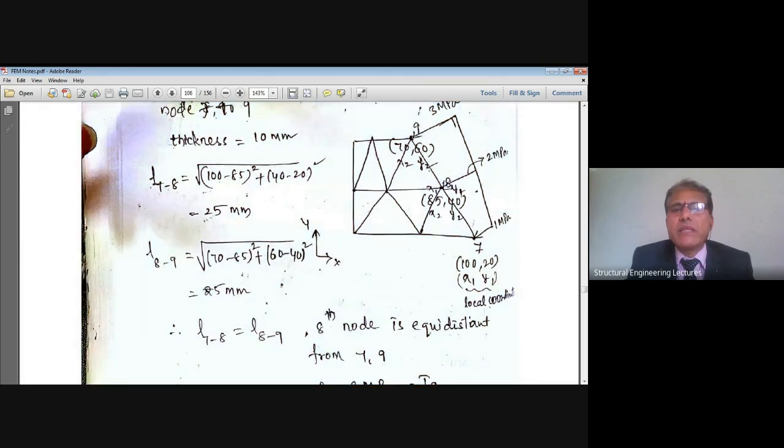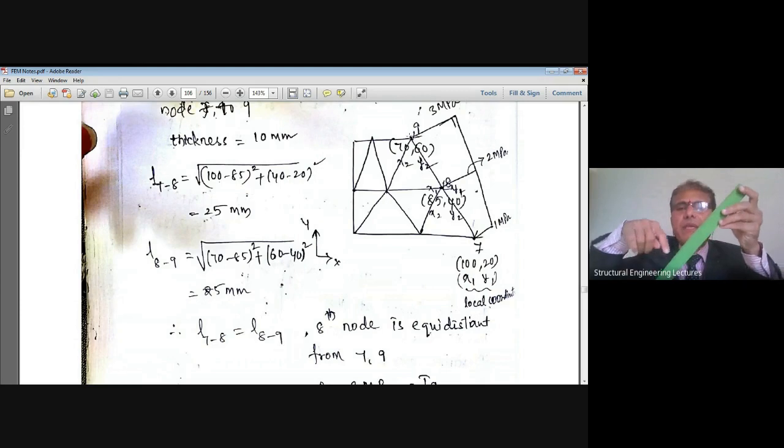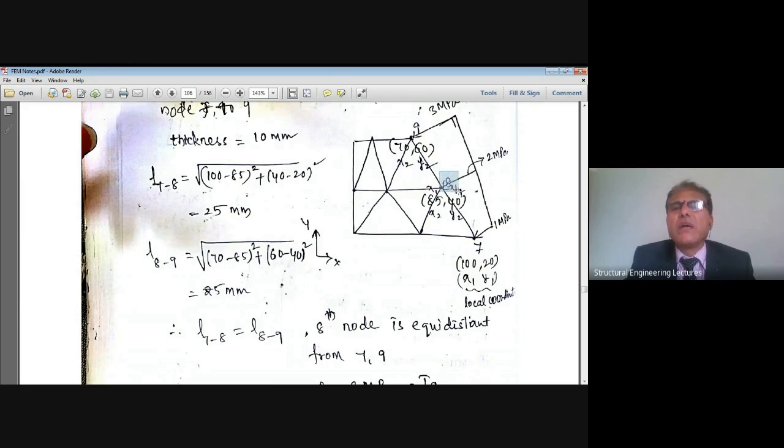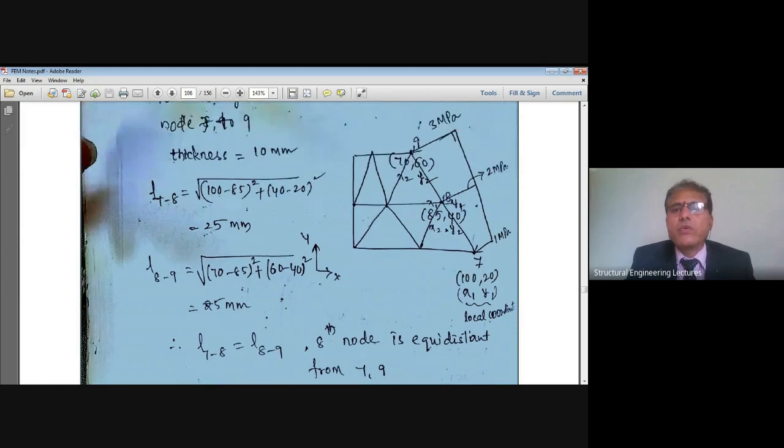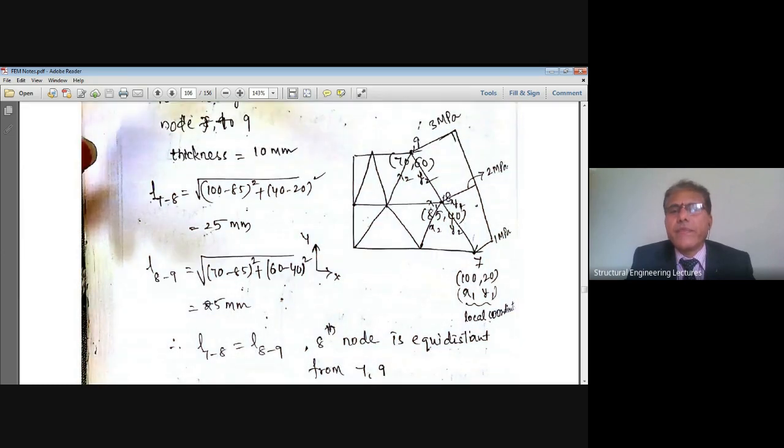I'll do the same for the second element, the second inclined length 8 to 9. For this, the local first node is global node 8, and the local second node is global node 9. Therefore, you substitute x1, y1, x2, y2 for the second element.